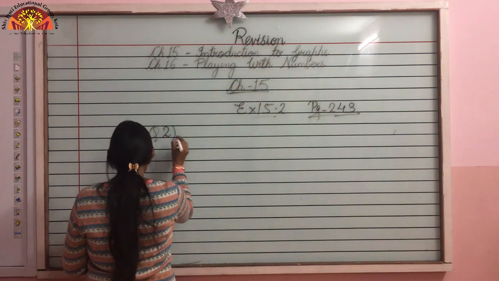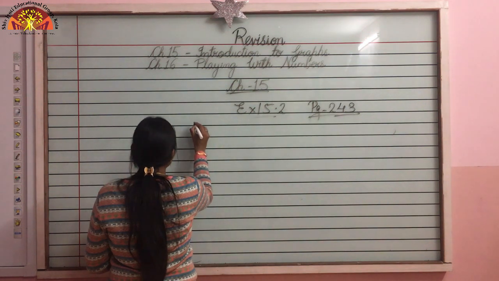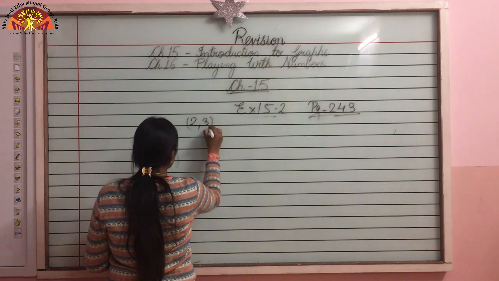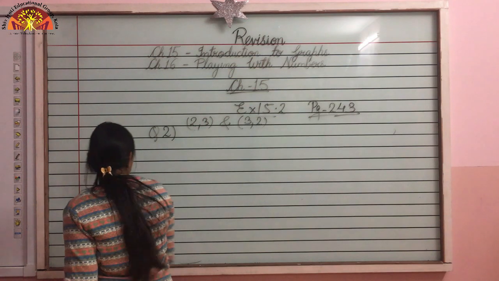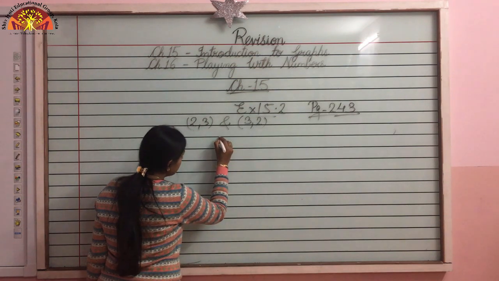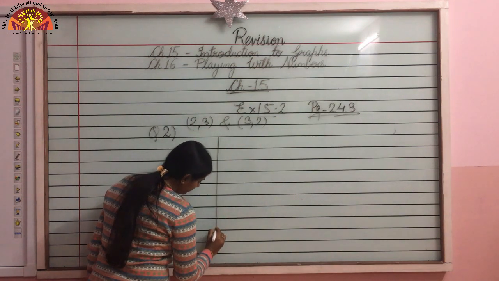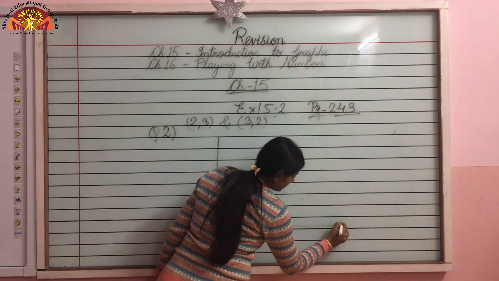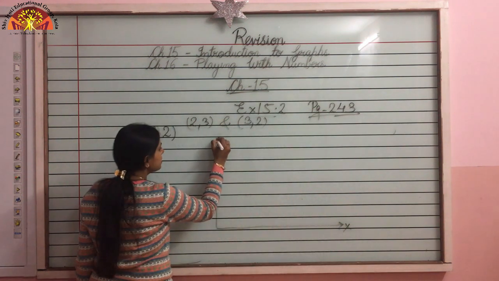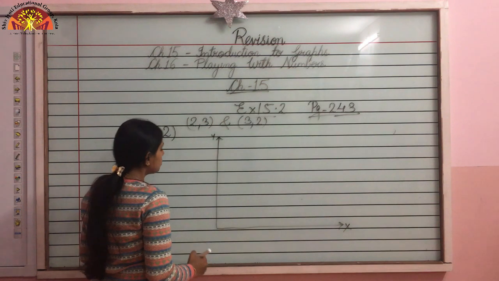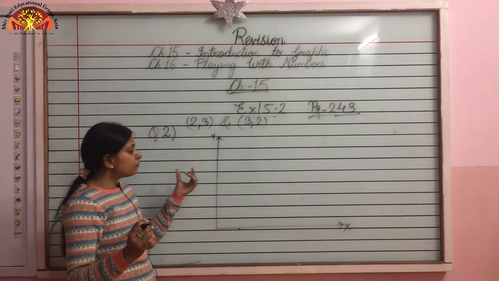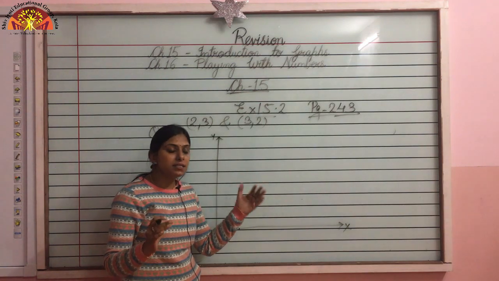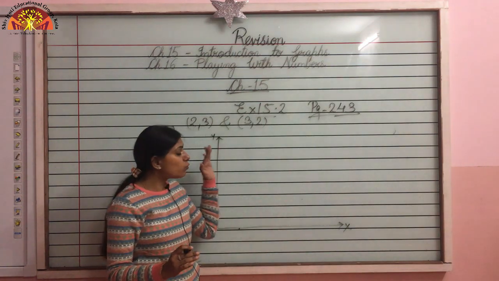So now just see question number 2. Points are 2, 3 and 3, 2. So now just see, again we are taking the x-axis and the y-axis. This is the x-axis and this is the y-axis. Okay. So as you can see, we have to extend the line and just see the point on the x-axis and the y-axis.